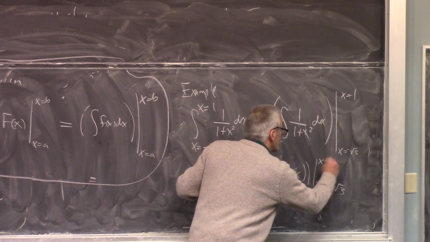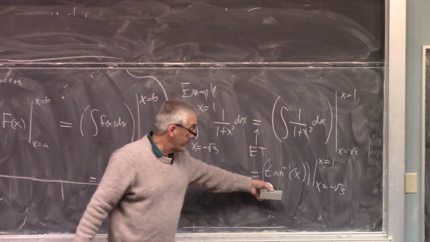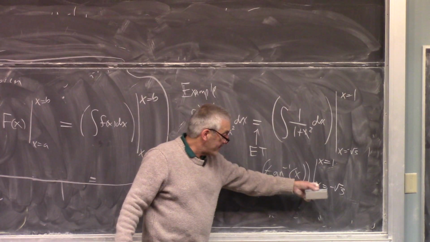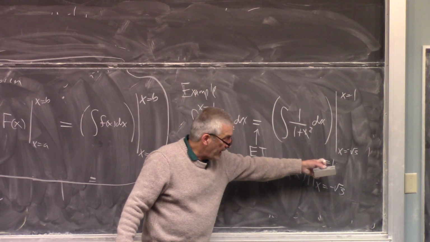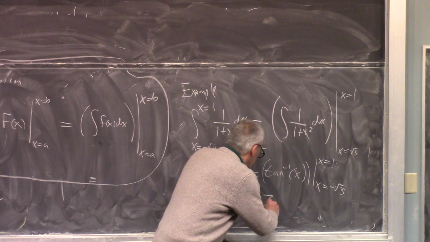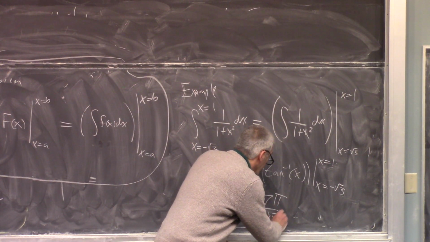So what we're going to be doing is taking the function tan inverse of x and finding the change in this from x equals minus square root of 3 to x equals 1. We did that. We got 7 pi over 12.